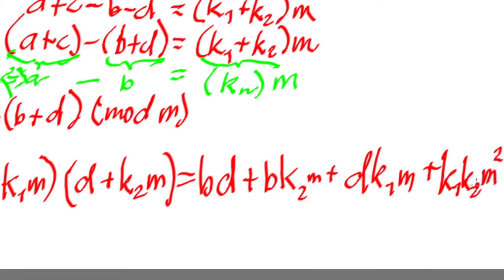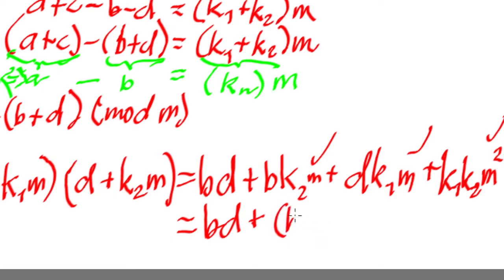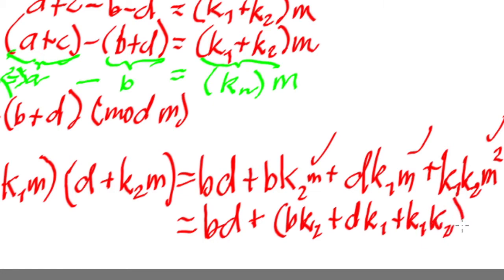Now, notice in the last three terms we have an M in each. So let's get the common monomial factor. This is equal to BD plus BK sub 2 plus DK sub 1 plus K sub 1 K sub 2 M, all multiplied by M.